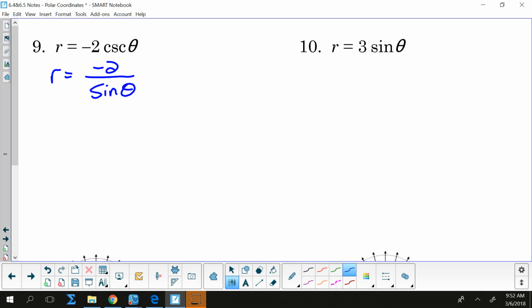Multiply both sides by sine of theta. So that would give me r sine of theta is equal to -2. So y equals -2, because y equals r sine of theta.